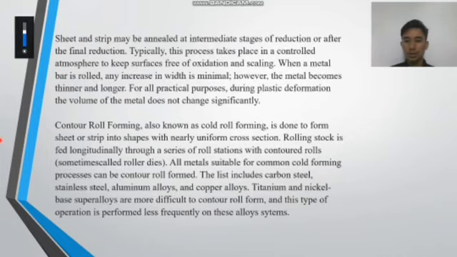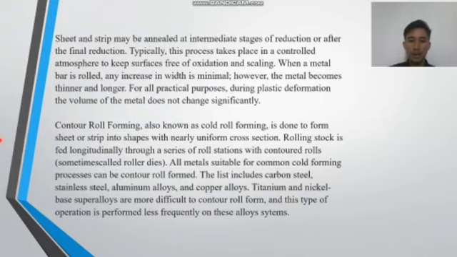Contour roll forming, also known as cold roll forming, is done to form sheet and strip into shapes with nearly uniform cross section. Rolling stock is fed longitudinally through a series of roll stations with contour rolls, sometimes called roll dies.